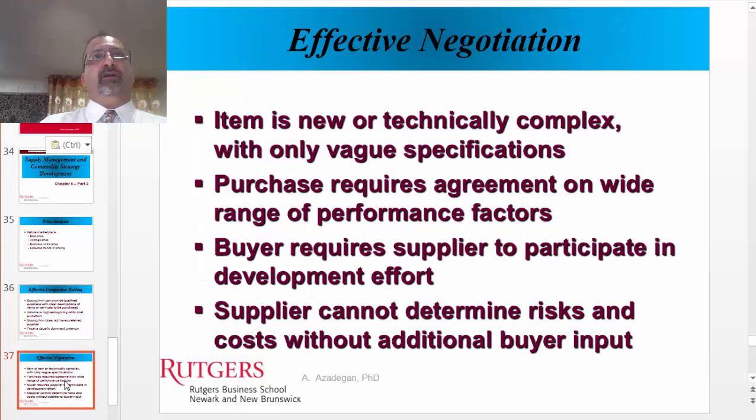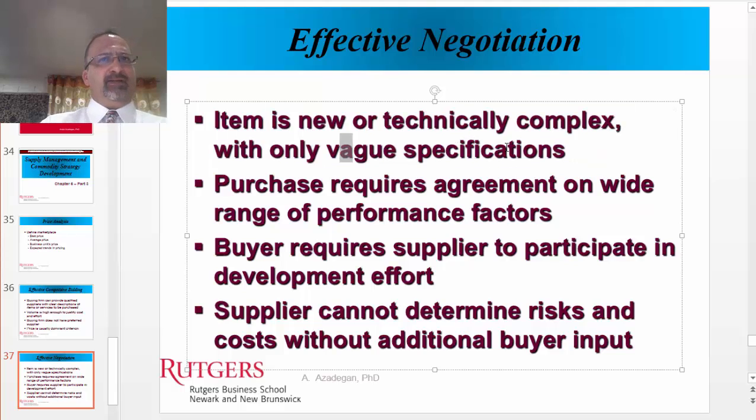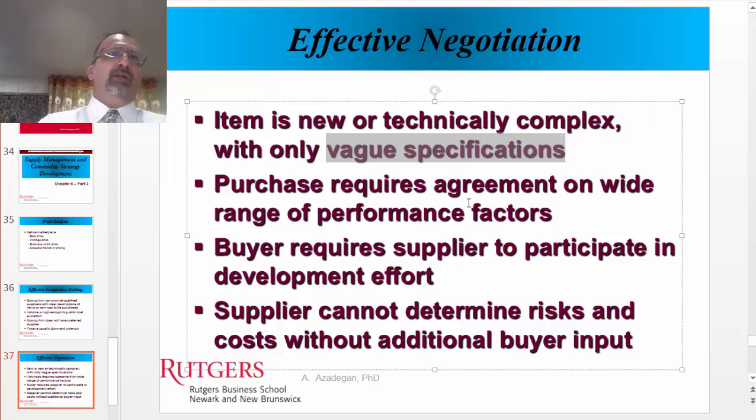Now, in terms of negotiation, negotiation is effective when the item is new or technically complex, right? And the specifications are quite vague. We can't really develop them very well. When the purchase requires agreement on a wide range of performance factors, right? So you negotiate if you're buying a house.